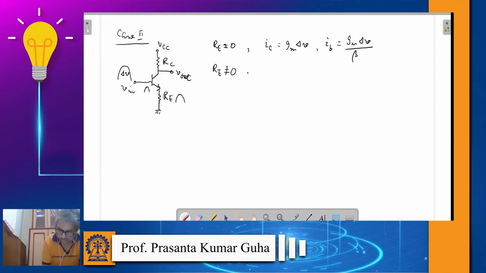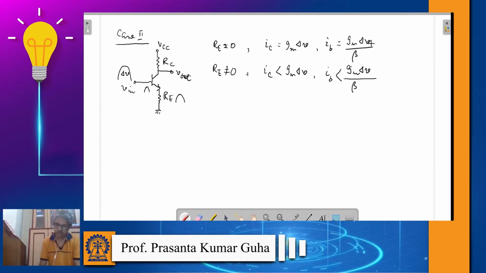What about when RE is not equal to 0? That is, we have connected a finite resistance between emitter and ground. In that case, IC will not be equal to GM delta V, because some part of delta V is absorbed by RE, and correspondingly the change in base current will be less than what we have when we don't use RE, when we short the emitter and ground.